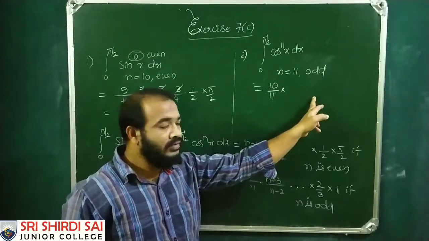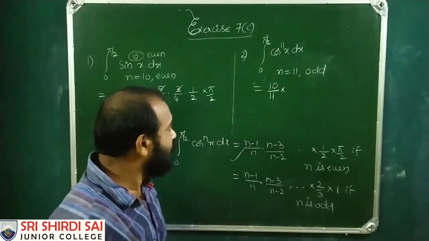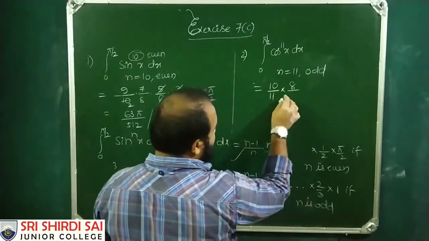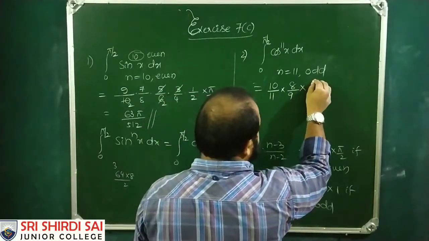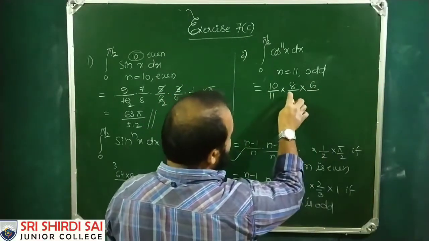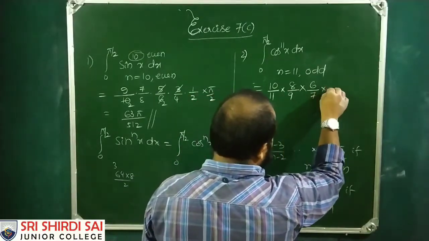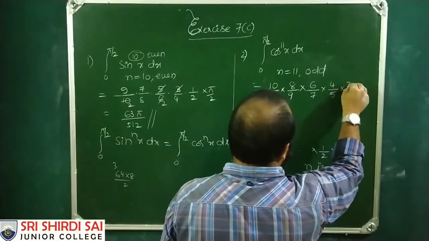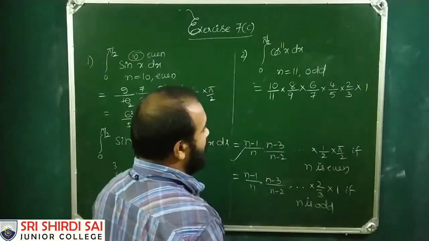From here on, we have to reduce by 2 on the numerator as well as the denominator. So here 10 minus 2, 8 by 11 minus 2, 9. Next 6 by 7. Next 4 by 5. 2 by 3. If 2 by 3, so into 1 is the last answer.